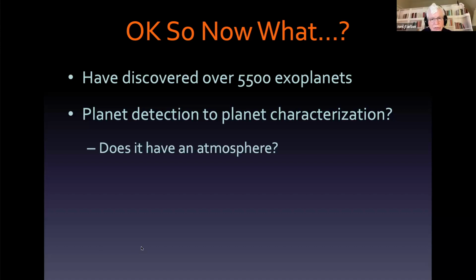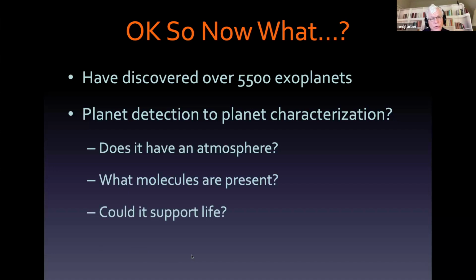Hit it again. So for planet characterization, we want to know, does it have an atmosphere? What molecules are present in the atmosphere? Could it support life? And then finally, does it have life? That's going to be a while.